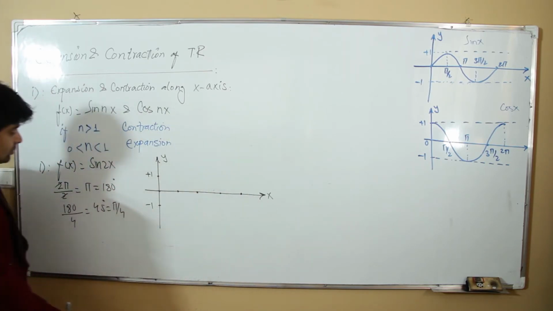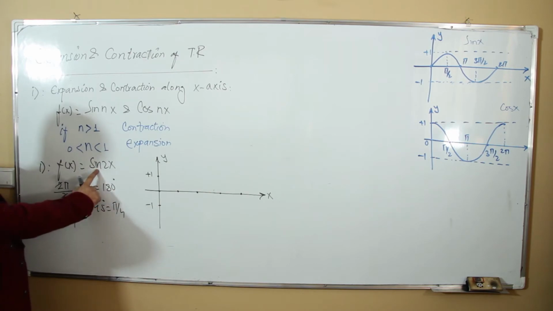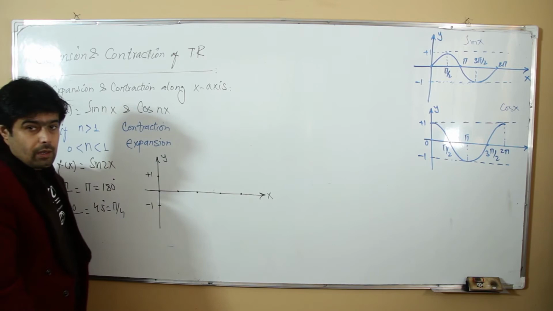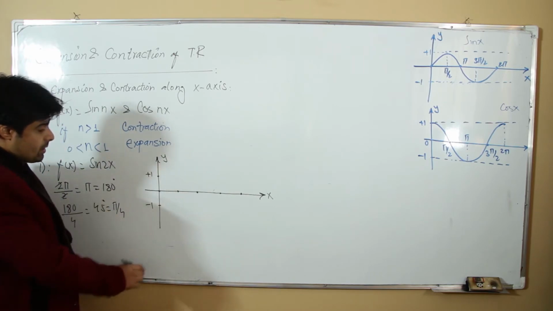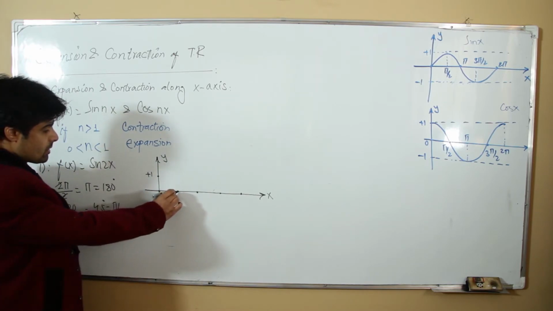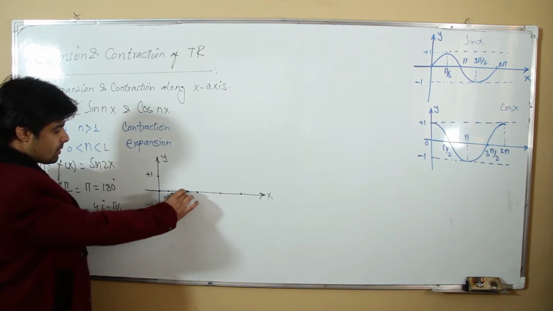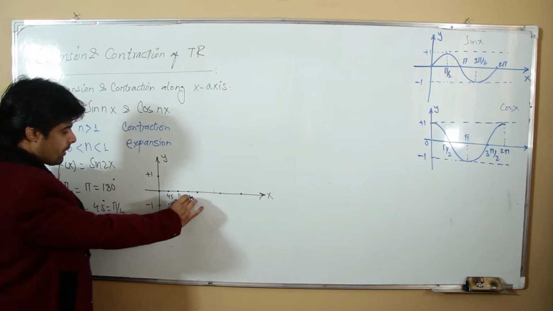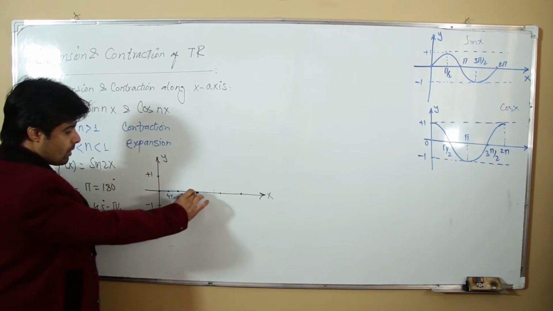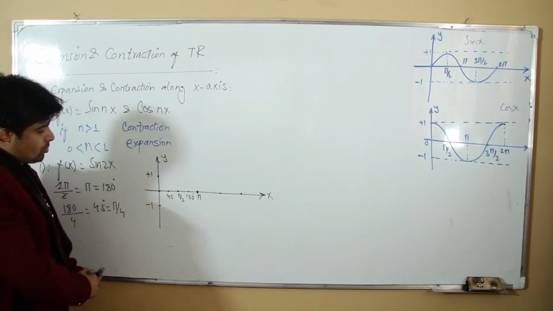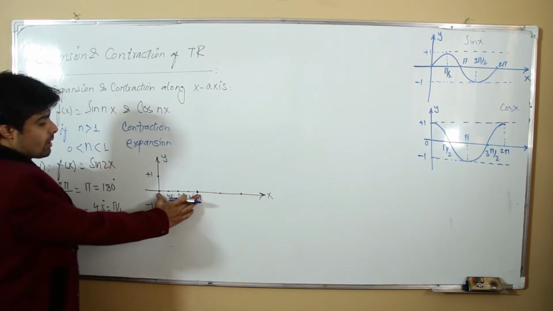But in here you have to draw this sine in pi radian, or 180. It means this is 0, this is pi divided by 4, or 45, this is pi by 2, or 90, this is 135, or 3 pi by 4, and this is your pi. Now you have to draw that sine in here.